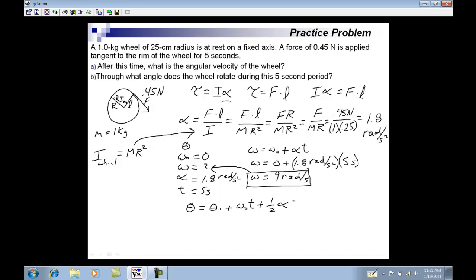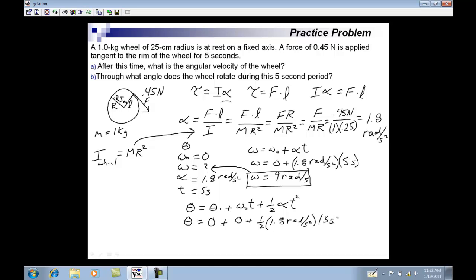We assume we start off at 0 radians, so 0, plus my initial velocity is 0 times t, plus 1/2 alpha, which is 1.8 radians per second squared, times the time of 5 seconds.